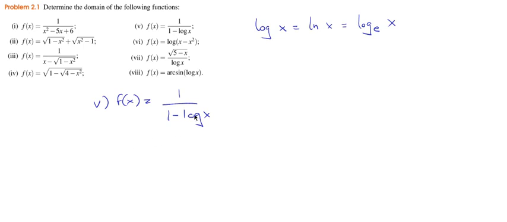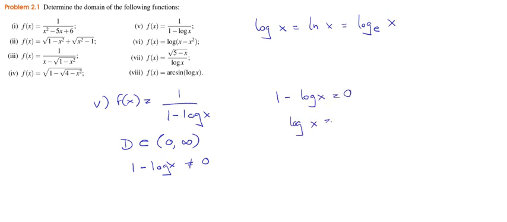And so here, first, we know that the domain of the logarithm is the positive x, so the domain here will be a subset of this, okay, because the logarithm has to be positive, and then also we need this thing to be different than 0, okay, or in other words, we want to find the x that make this equal to 0, and in this case what we have is the values of x that make the logarithm be 1, and in this case it's e, okay, so x equals e.